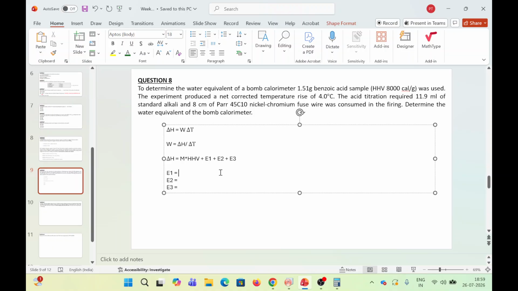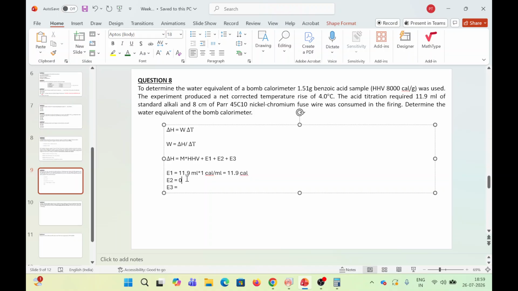So E1 is 11.9 ml times 1 calorie per ml, that is the specific heat of the standard alkali, so that will be 11.9 calories.